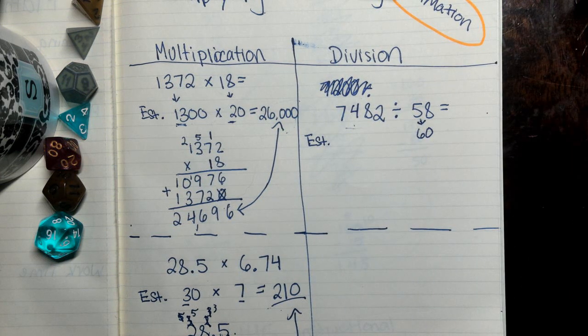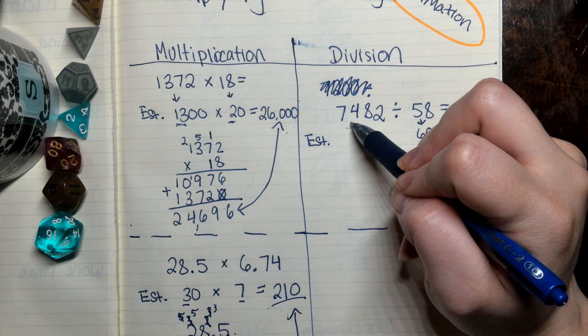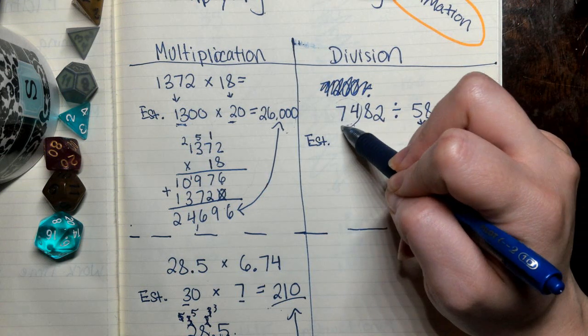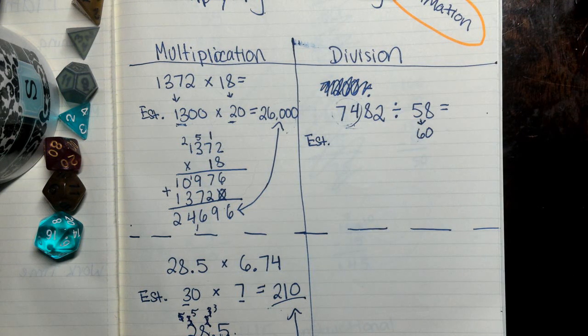And then look at this, 7. So 60, we're looking at just the 6 and thinking of multiples of 6. Okay? Multiples of 6. And I usually look at just the first 2 here. That's 74.